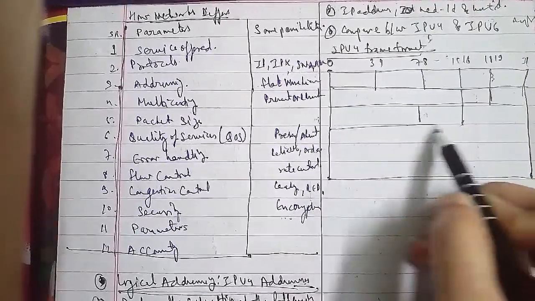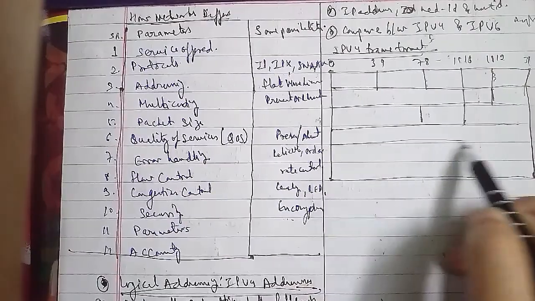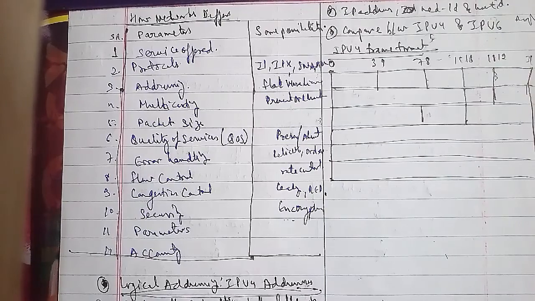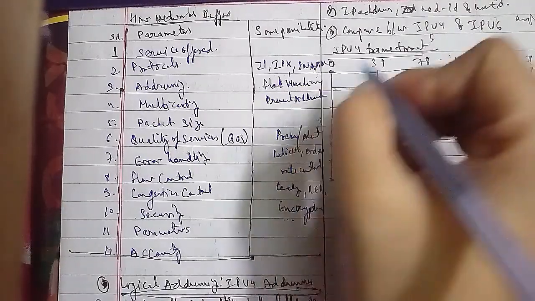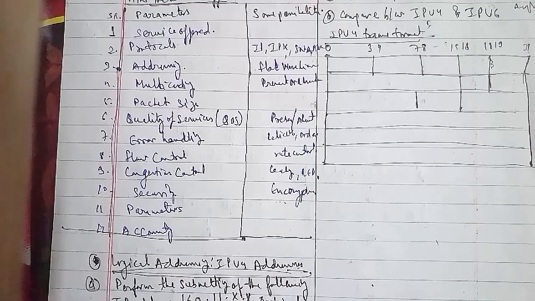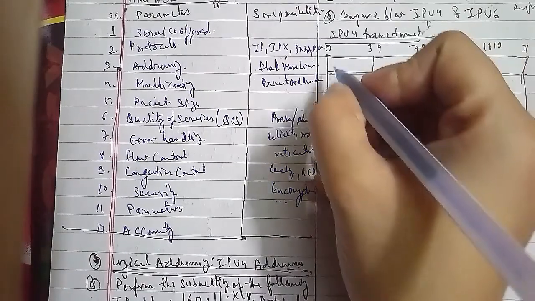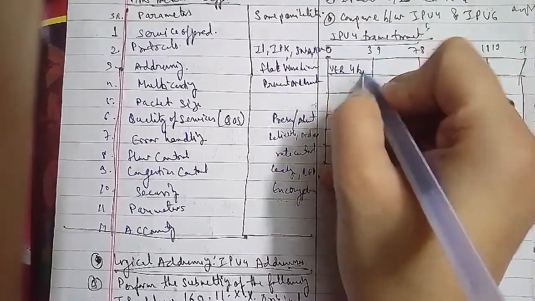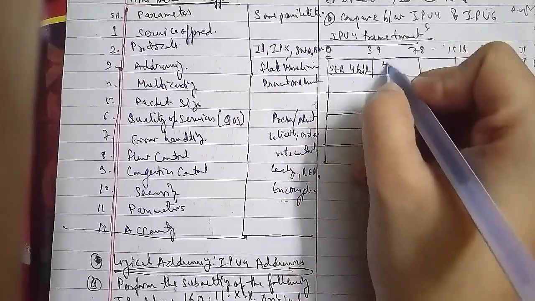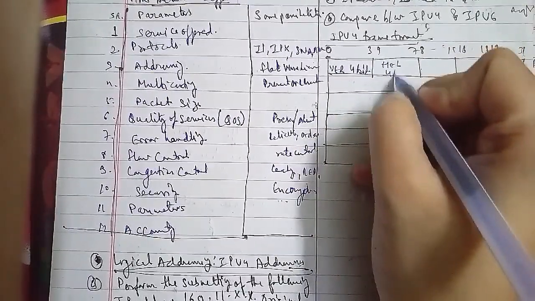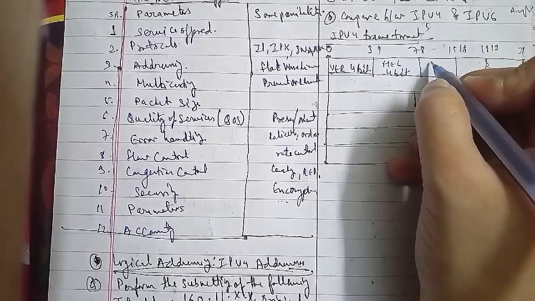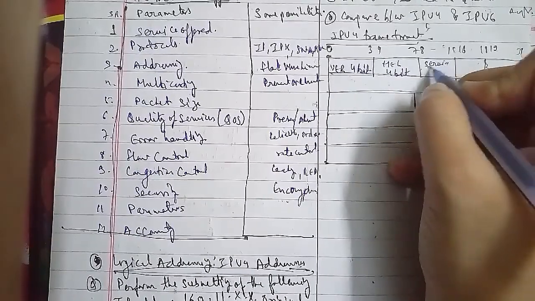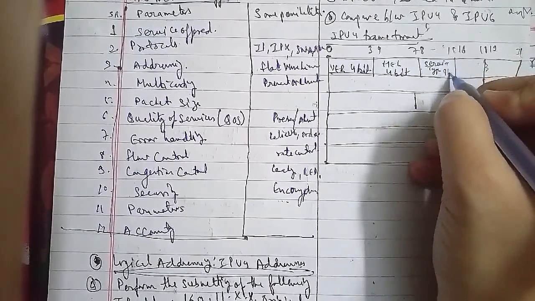This is the IPv4 frame format, and here we'll write it down. This is the version, which is 4 bits, then HLEN, which is 4 bits, then this is the service type, which is 8 bits, and the total length is 16 bits.